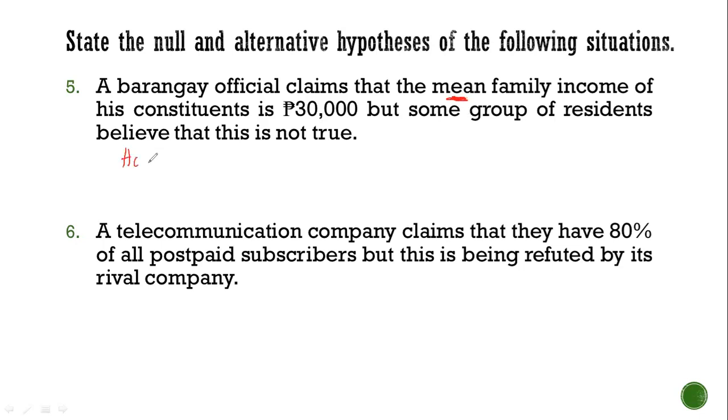So your H naught or your H sub 0, mean, H A or your alternative, mean. It is always equal to the certain value, which is 30,000, yung average. Tapos yung isa, it claims that it is not true. Hindi naman niya sinabing greater or less. Diba? Therefore, wala siyang direction. 30,000.